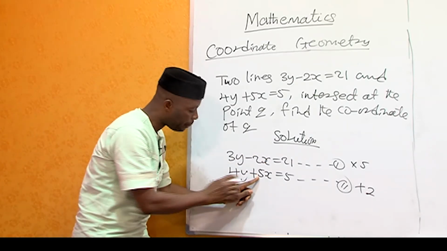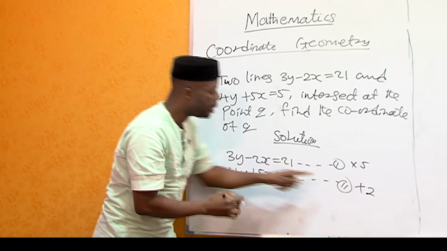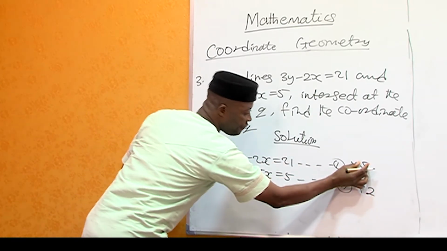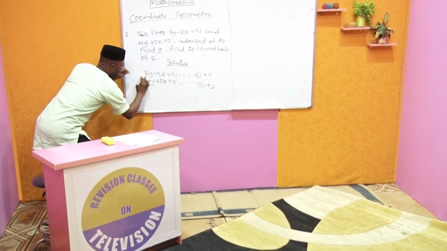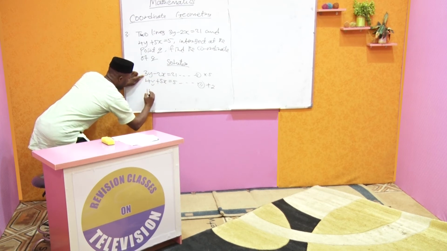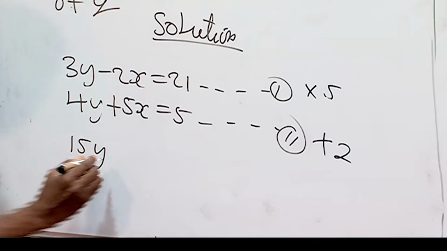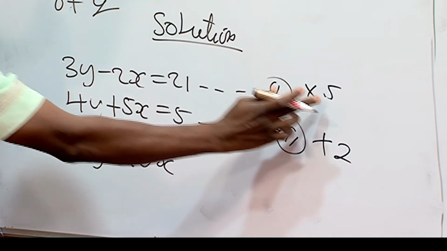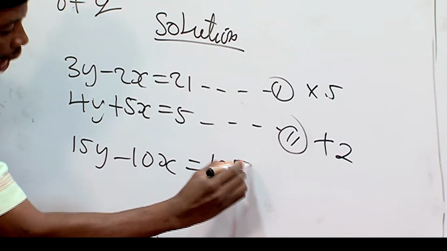So I want to multiply equation 1 by 5 and equation 2 by 2. Now, I'm using 5 to multiply all. So 5 times 3y is 15y. 5 times minus 2s is minus 10s. Then 5 times 21 is 105.